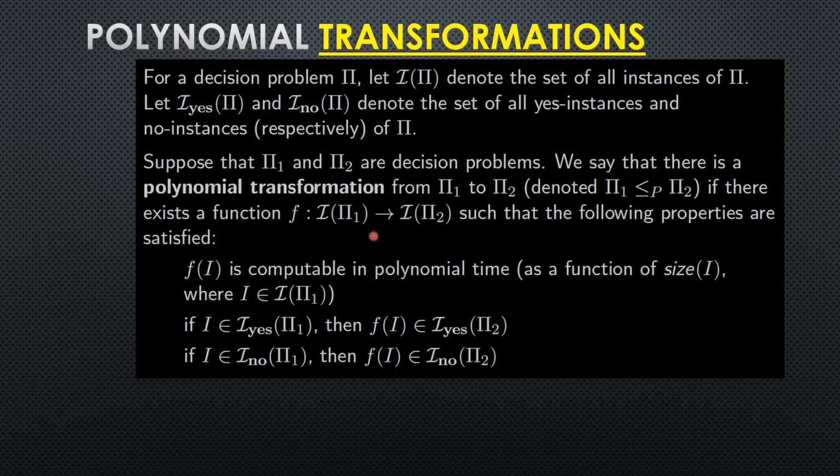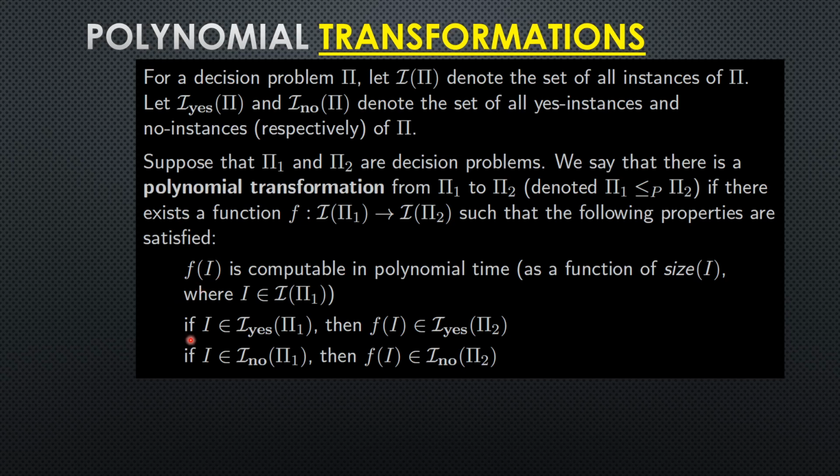And the transformation function f, and these two problems pi 1 and pi 2, have to satisfy the following properties. First of all, the actual transformation should take time that's polynomial in the size of the input I to the first problem, pi 1. We take an input and transform it into an input for problem 2 in time that's polynomial in the size of that input I.